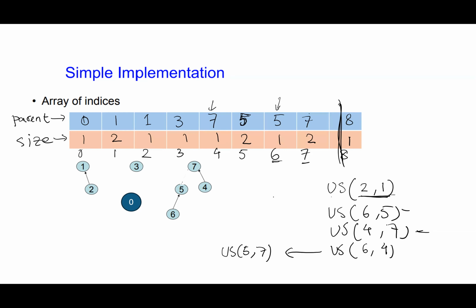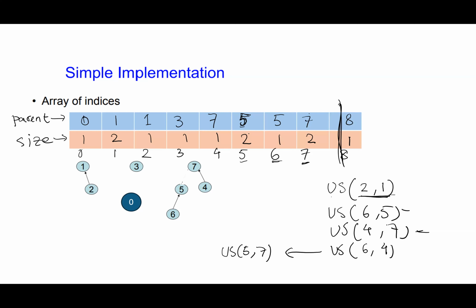So this time we go to 5 and see, okay, the parent matches. That is fine. And then we go to 7 and we see the parent matches. That means from 5 to 7 there is going to be a link. Since we are doing union by size, we have to link the smaller one with the larger one.